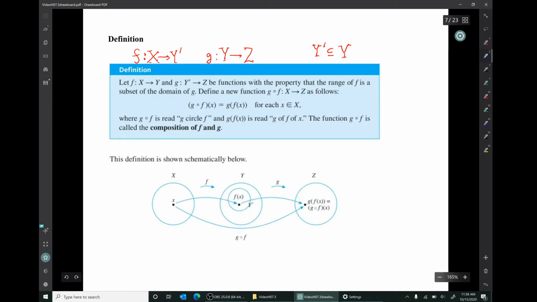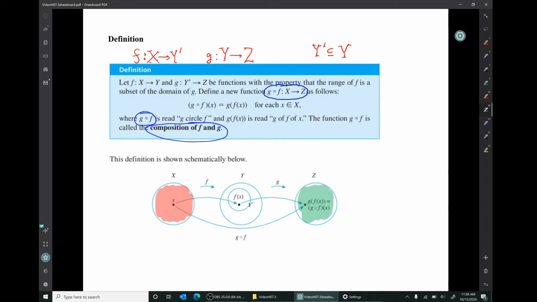So what's called the composition of f and g is denoted this way: g circle f. And it's defined this way. It's a function that maps from set X all the way over to set Z. So this composition takes as input anything in this set X and produces as output something in this set Z. And it's defined this way.